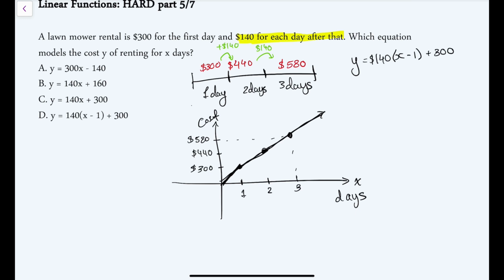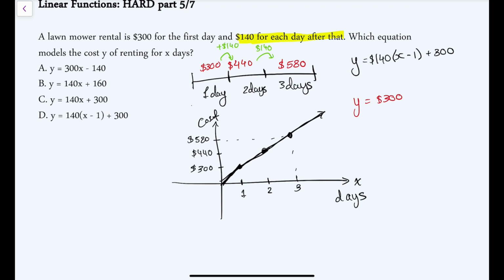Okay? You could almost think about this like saying, first we always pay $300, right, for the first day. But then there's this extra cost that's encountered for x days, but x minus 1 days, because the first day we already took care of.